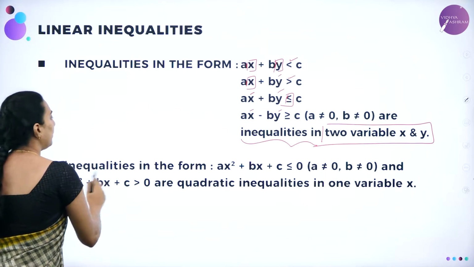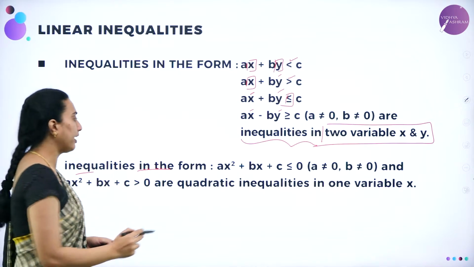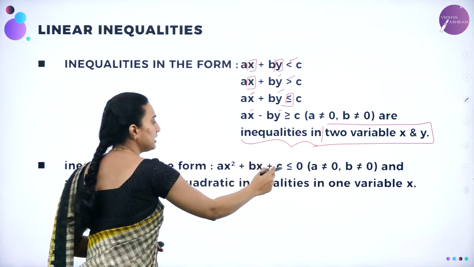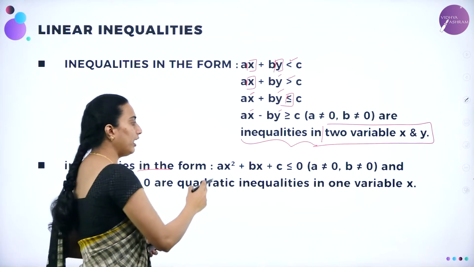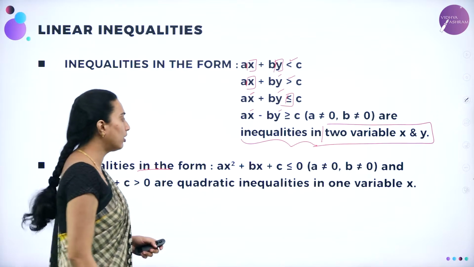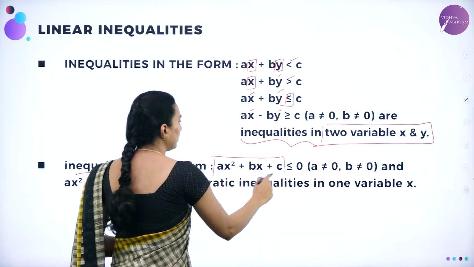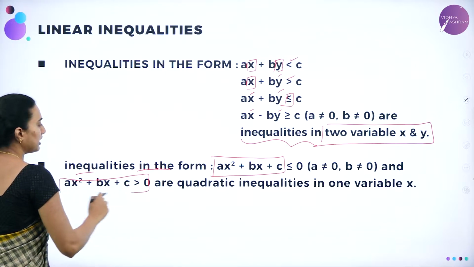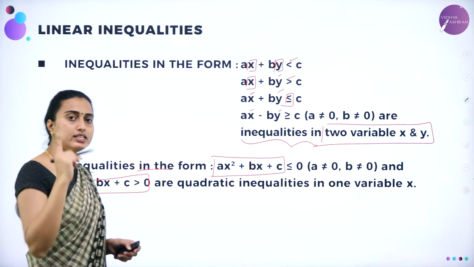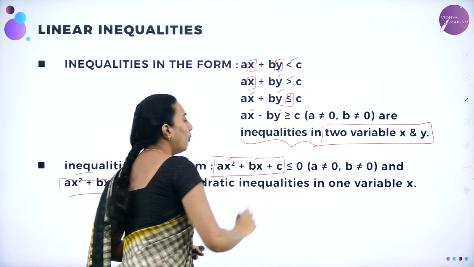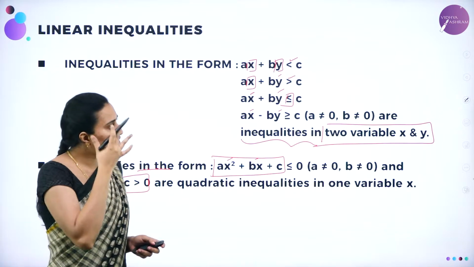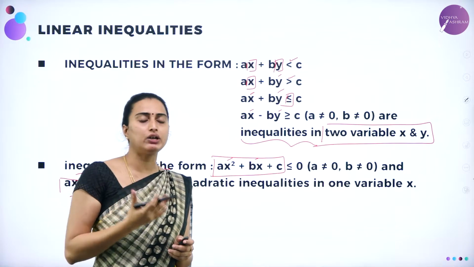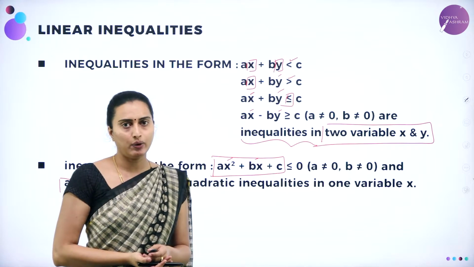Now, inequalities in the form of ax squared plus bx plus c is lesser than or equal to 0, where a not equal to 0 and b not equal to 0, because this is a quadratic equation you are going to have, and then ax squared plus bx plus c is greater than 0, are the quadratic inequalities in which variable? Only in one variable. Understood? So these are all the types you can have, or introduction to the linear inequalities.